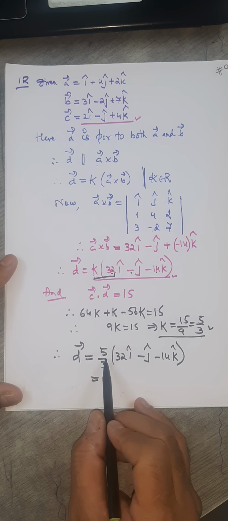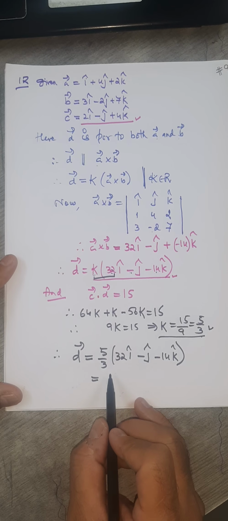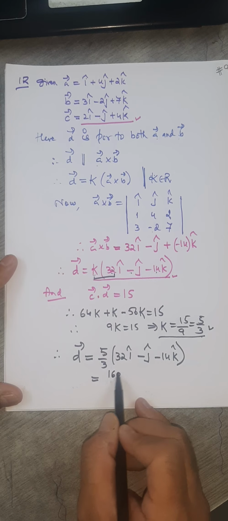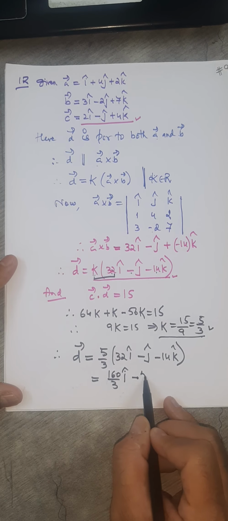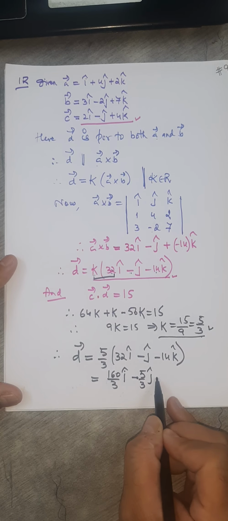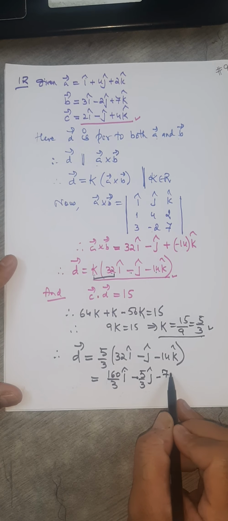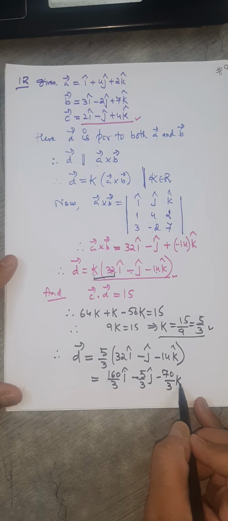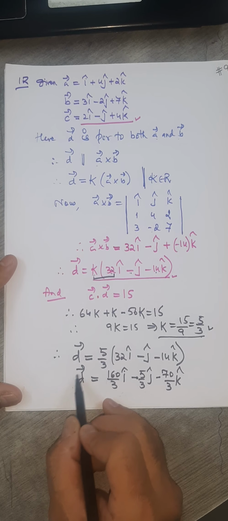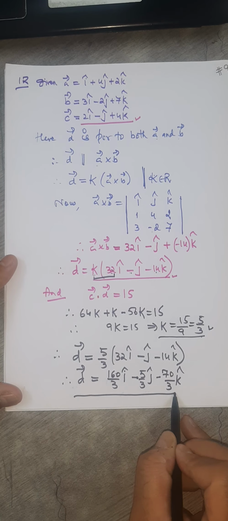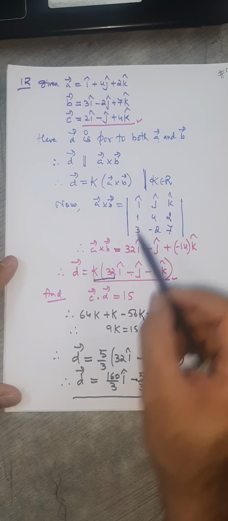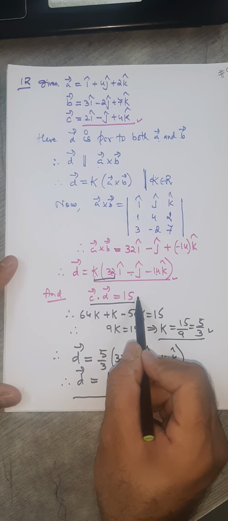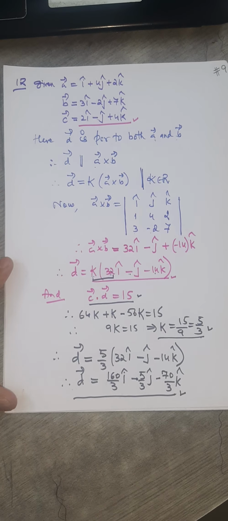So 32 into 5 is 160 by 3 i cap minus 5 by 3 j cap minus here 70 by 3 k cap. That's the required vector D. This is a vector which is perpendicular to both vector A and B and whose dot product with vector C equals 15.